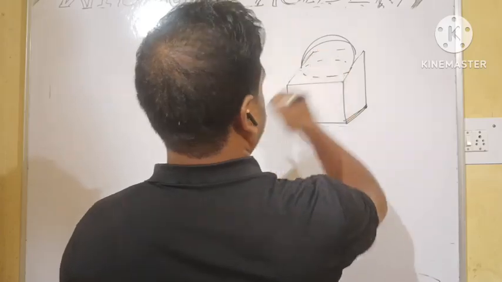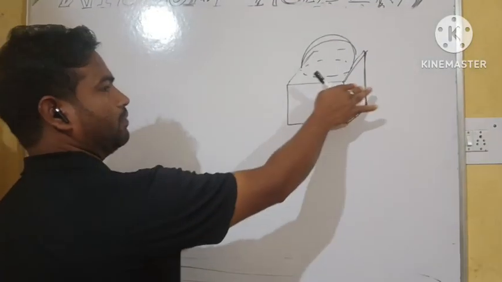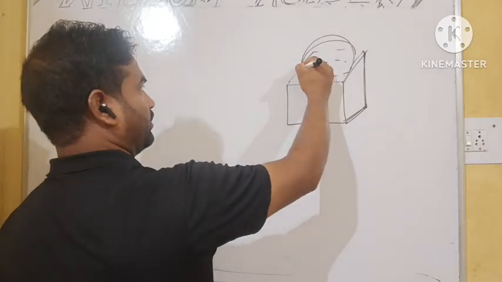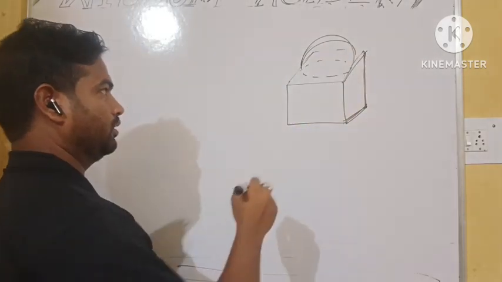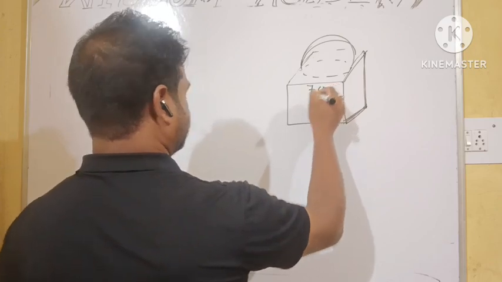This is a cubical block surmounted by a hemisphere. The cubical block has a side or edge of 7 cm.